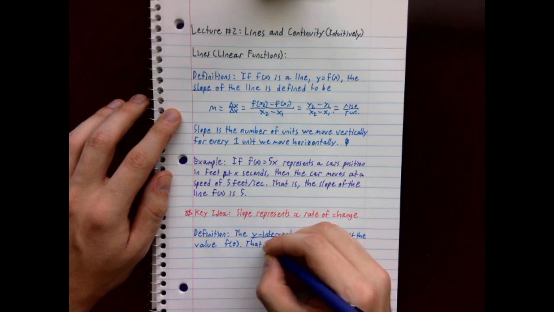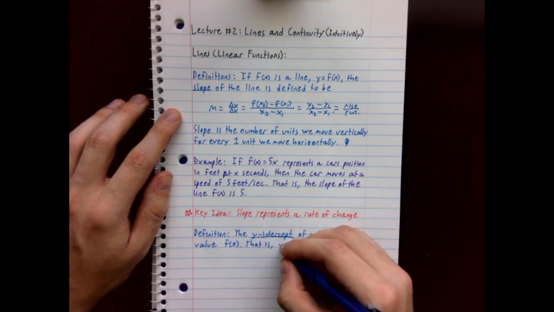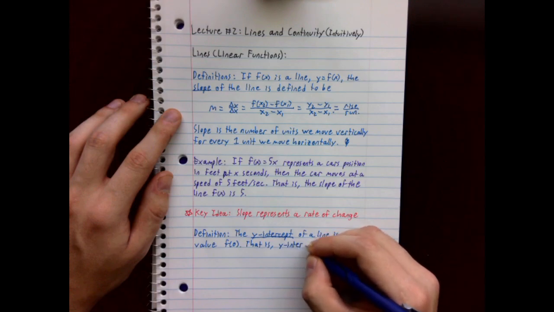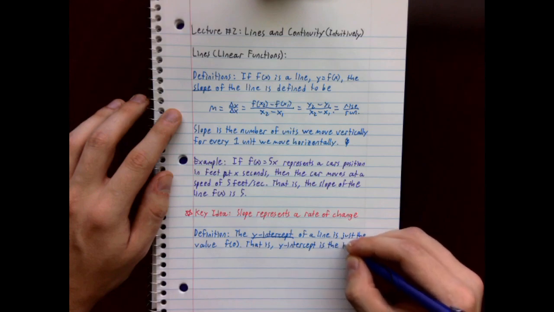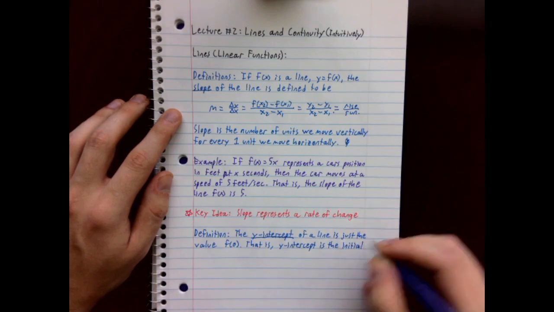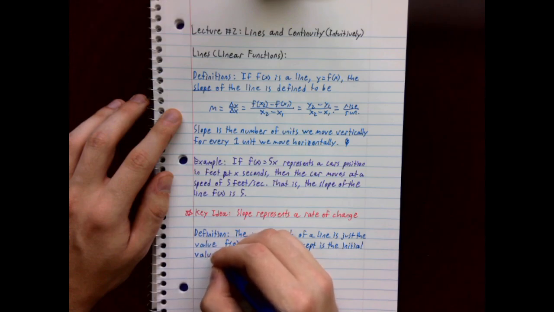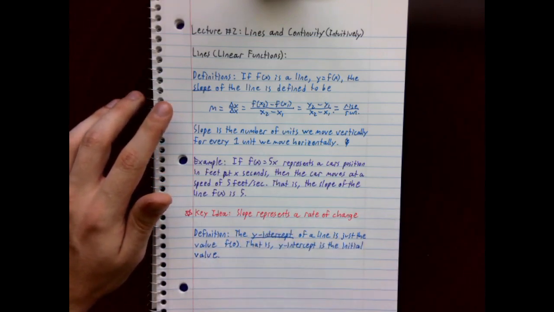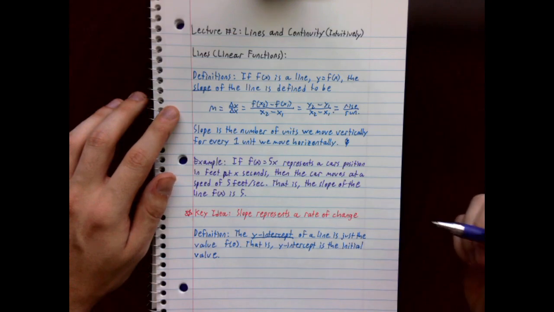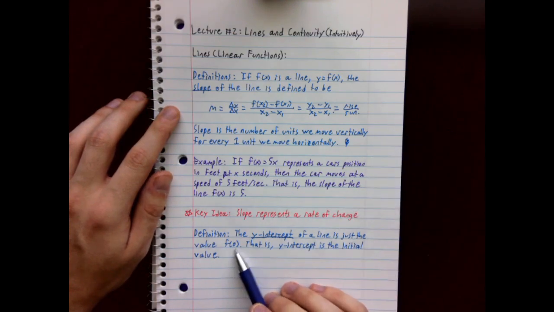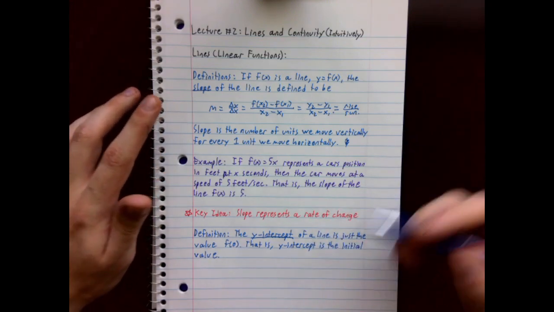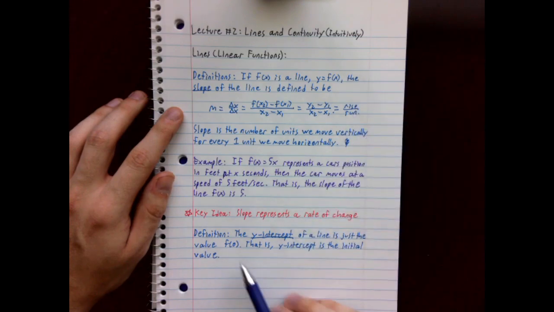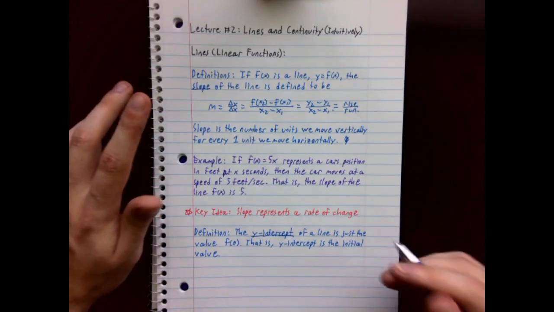So the y-intercept is the initial value. Typically, if your independent variable is time, then f of 0, at the beginning of your problem, so at time t equals 0, maybe f is representing a position. This is representing the initial position, this f of 0. Okay, so that's just what a y-intercept means.